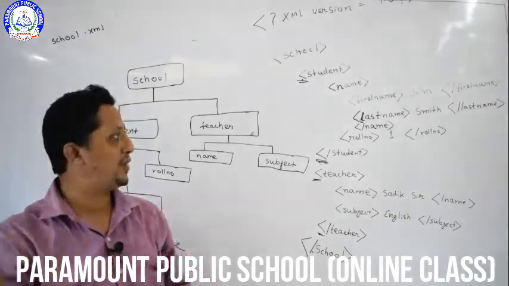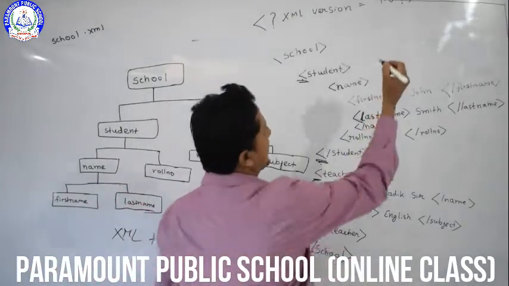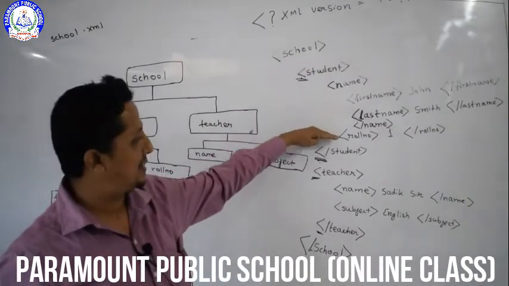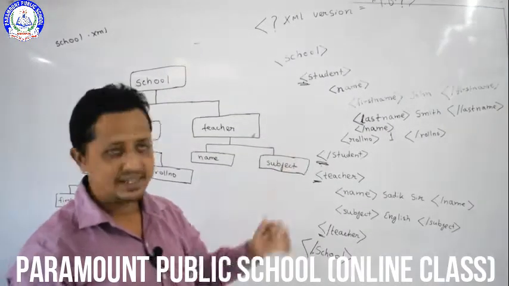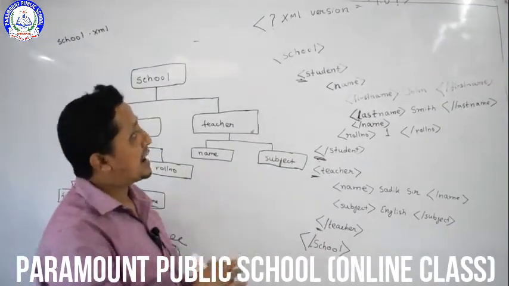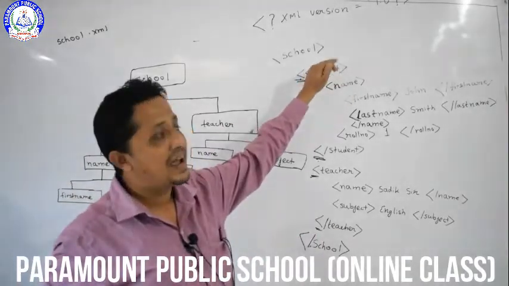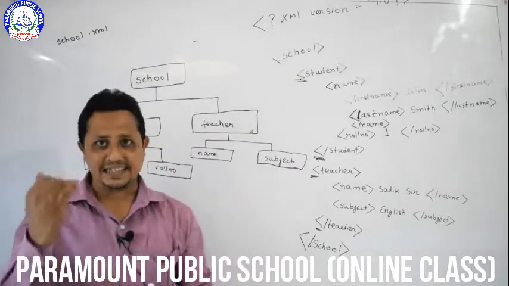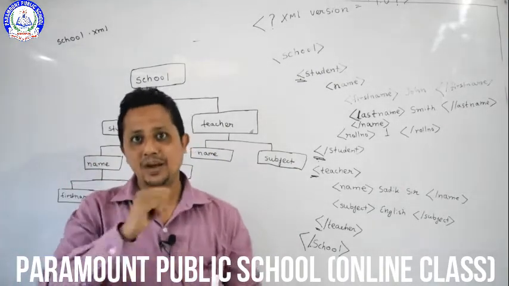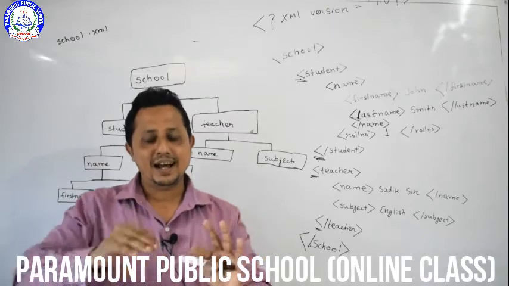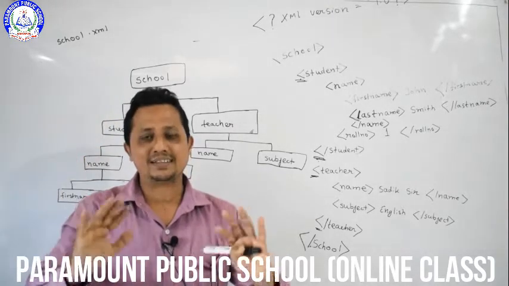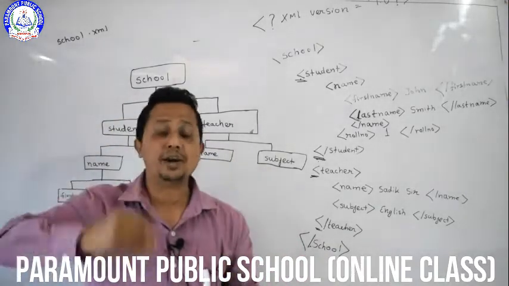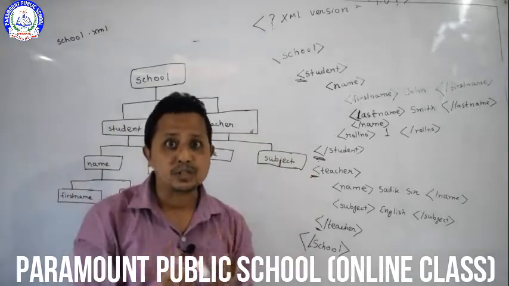These are called comments. For example, here say these are the tags, this is the element. To make someone understand what this is, I can write a comment here. Do you remember in class 9 when you did C, we used comments. A comment does not affect the code; it is associated with the code, but it is not responsible for any processing of the code.